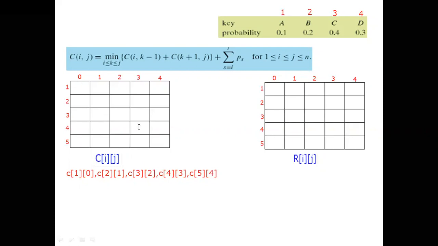In other words, for filling the first diagonal, in each and every problem, we have to make it 0, because we are not considering any key. We are not considering any key like A, B, C, D. That is why we keep it as zeros. I will write all the diagonal values here: 1, 0; 2, 1; 3, 2; 4, 3; 5, 4.